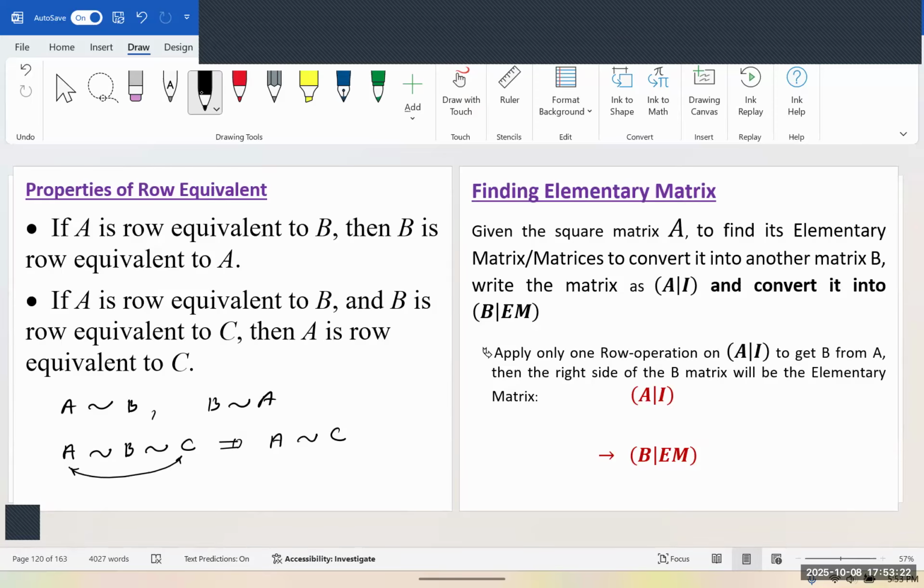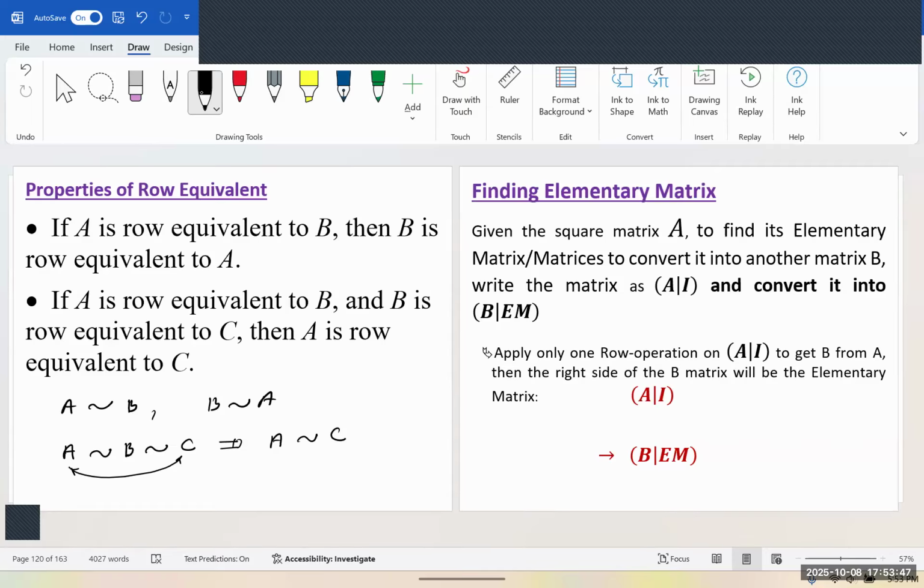Now, finding the elementary matrix. Given the square matrix A, to find its elementary matrix, or a series of matrices, to convert it into another matrix B, write the matrix in the format A vertical bar I, and then convert it into B vertical bar E. What does that mean?